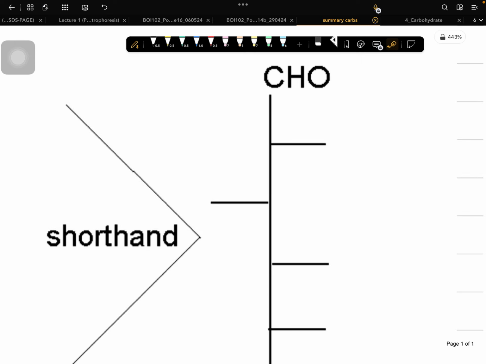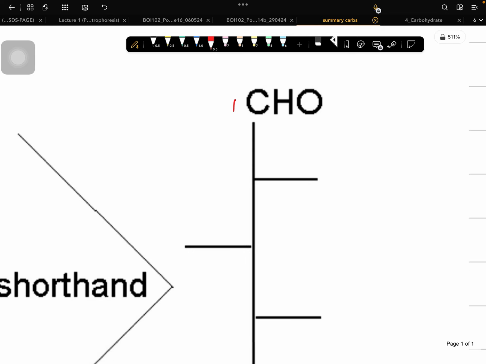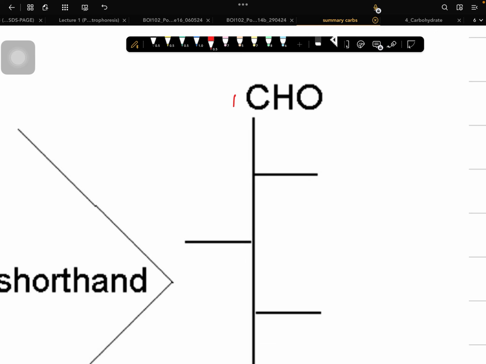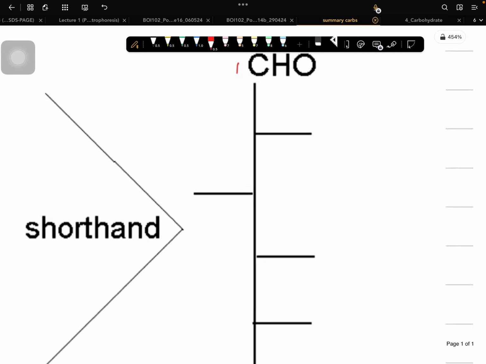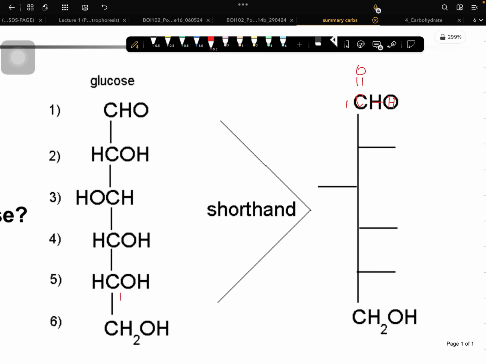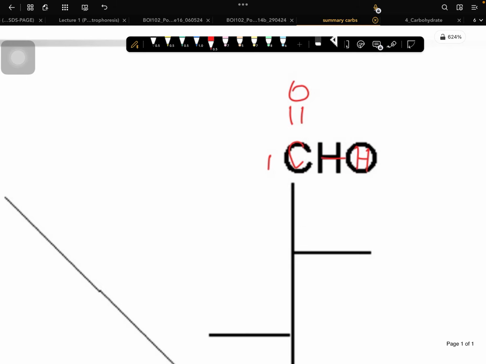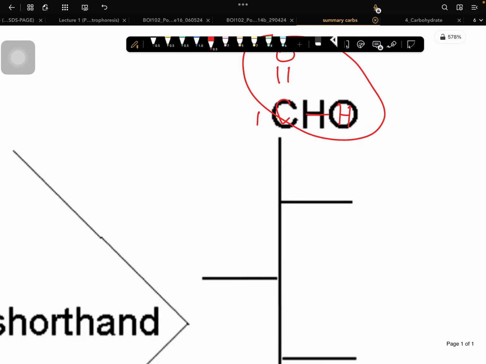Assuming this is the first carbon at the top, the one with the functional group of the aldehyde, C double bond O, H. So we know that glucose is a type of aldose sugar because it has an aldehyde functional group.